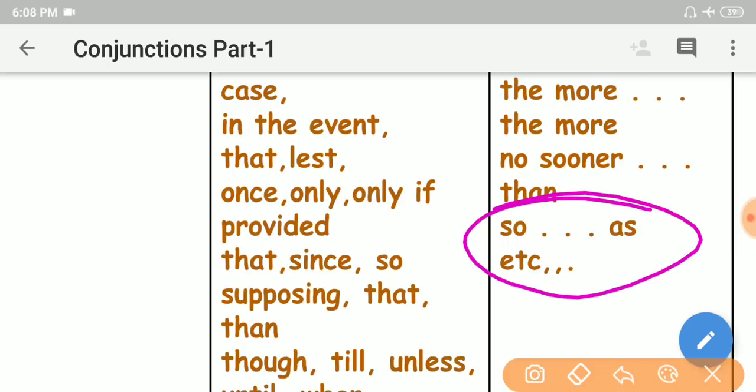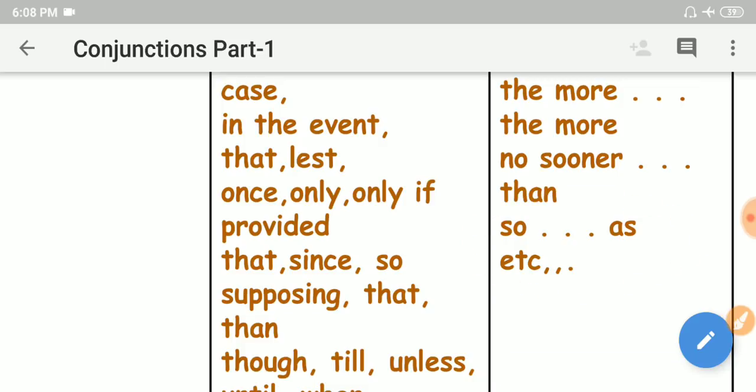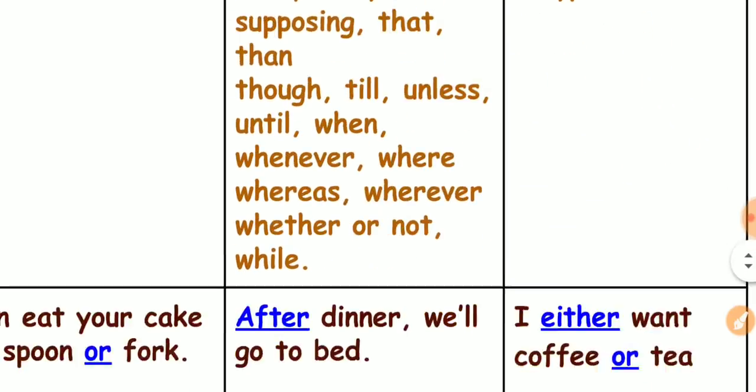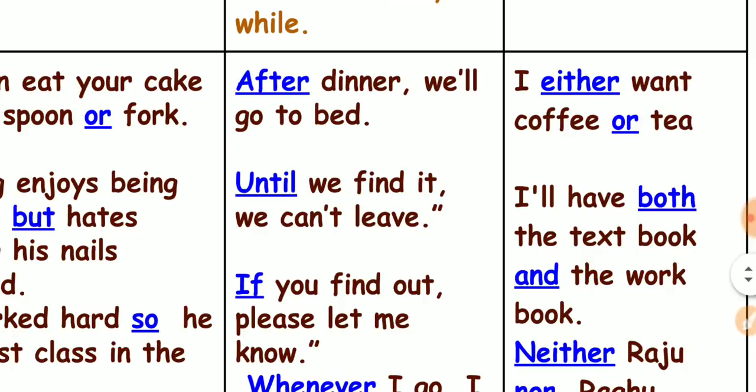About the rules of these correlative conjunctions, where exactly and how exactly we use them in a sentence, we are going to learn in detail in the next video, conjunctions part 2, my dear friends. At the same time, let us go and use some important correlative conjunctions in meaningful sentences.